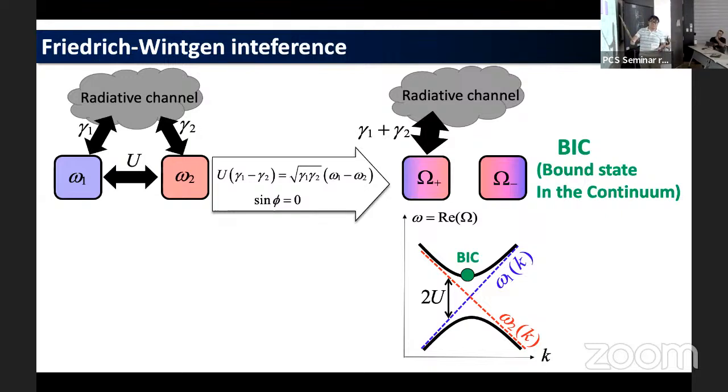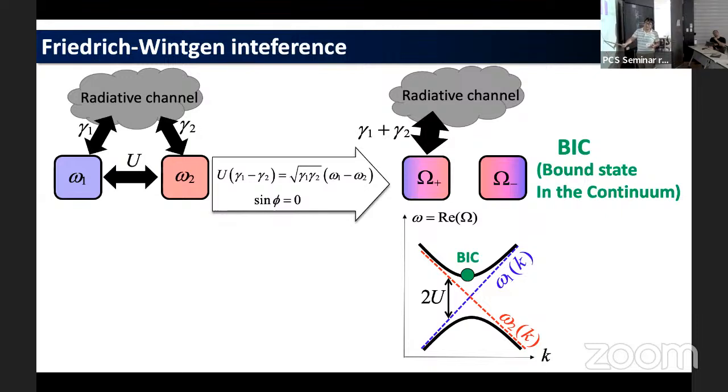And in general, this condition can be satisfied very easily if we choose gamma 1 very close to gamma 2. In this case, this will be satisfied when omega 1 is almost equal to omega 2. So if we take a look at the band structure, when omega 1 is equal to omega 2 is when we have the anti-crossing. So when you have leaky resonances creating anti-crossing, in general, it is very easy to have one of them lossless and the other one become very lossy.